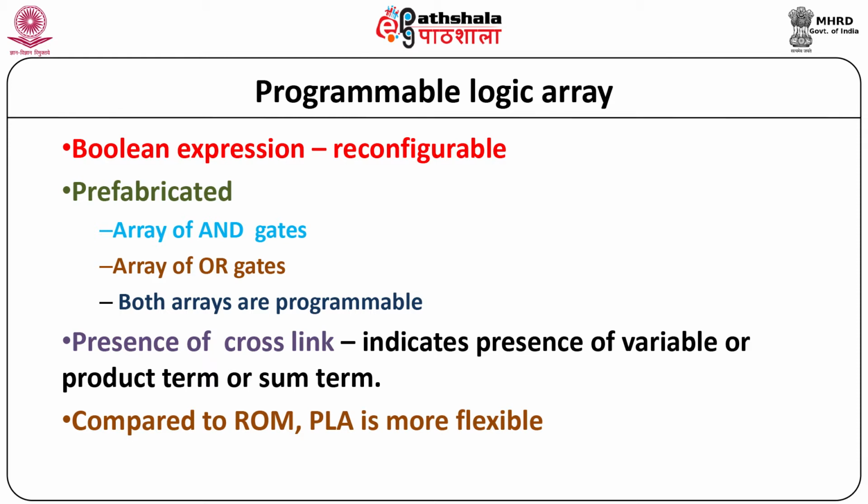Both arrays are programmable. The presence of a cross link indicates the presence of a connection to generate product or sum terms. Absence of a cross link indicates there is no connection and absence of the term in the final output. As both the arrays are programmable, PLA is more flexible as compared to ROM.